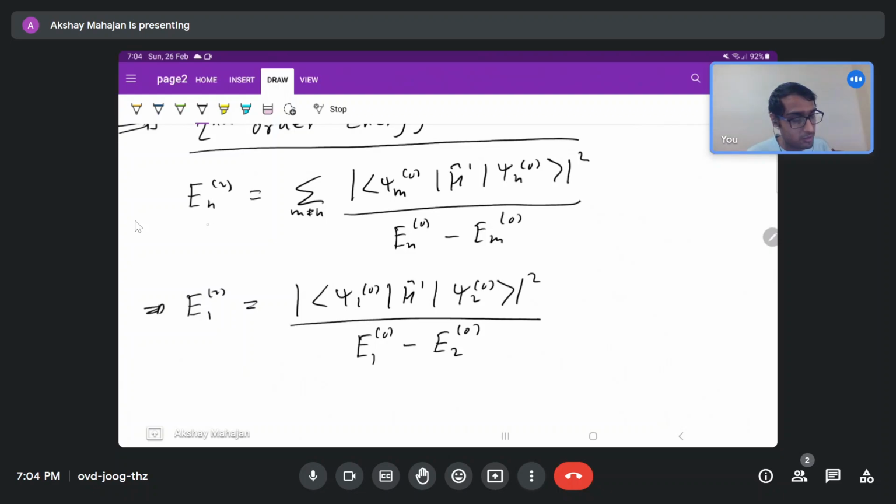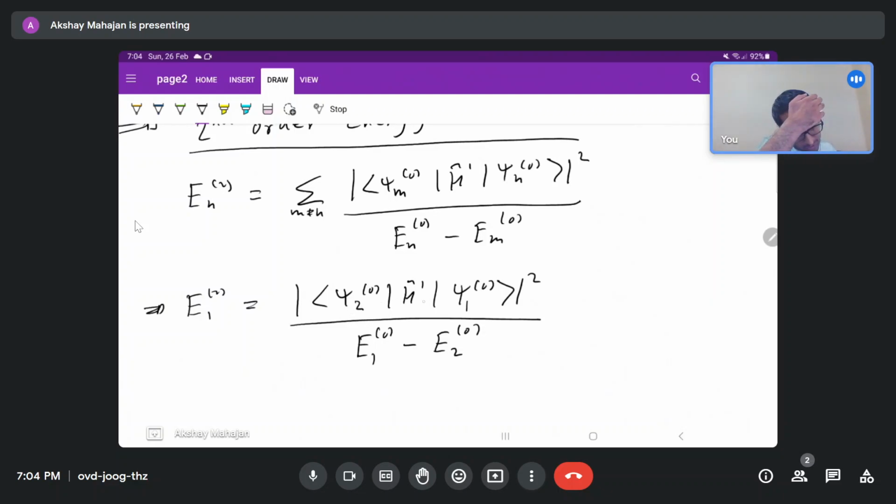Whenever you have to solve this type of question, n is the state in which the correction is. So we are finding the correction in energy level 1, and m are all the other states. So whenever you put the values, put them properly. Sorry, here I have done it wrong. So m will be 2 and n is 1.